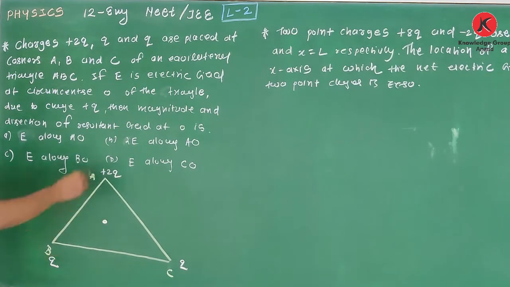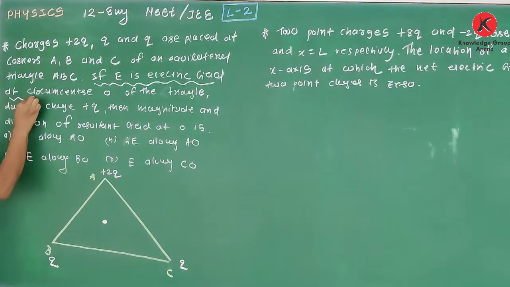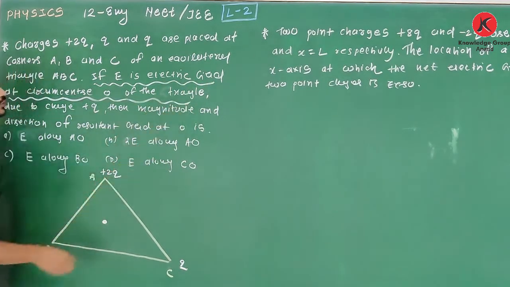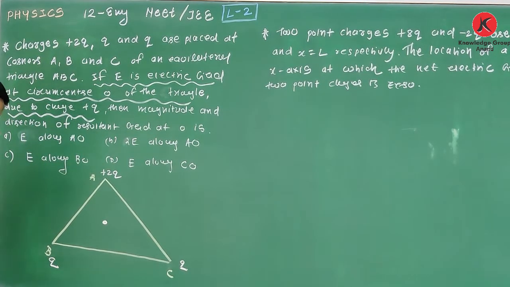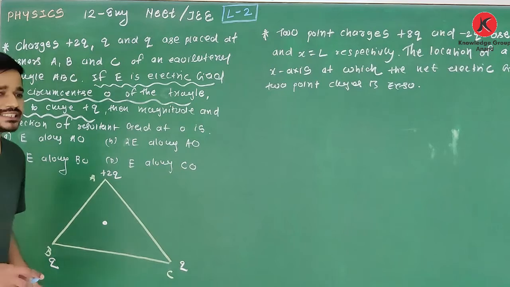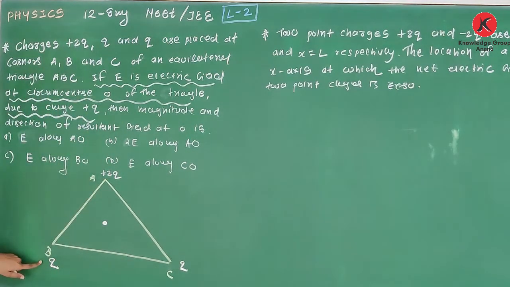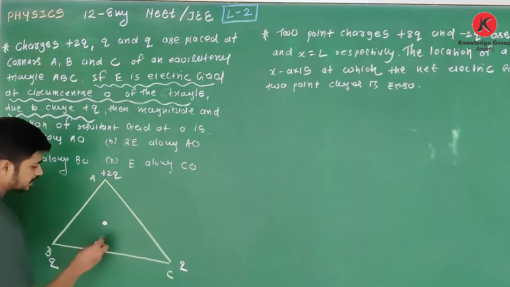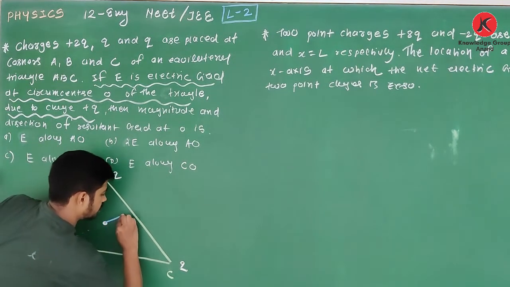If E is the electric field at circumcenter O due to charge plus q, then due to the 2q charge it is 2E. These three are positive charges, so first of all you have to draw directions. Due to this plus q charge at the circumcenter, the direction of electric field is along the line joining the two charges, away from the charge.